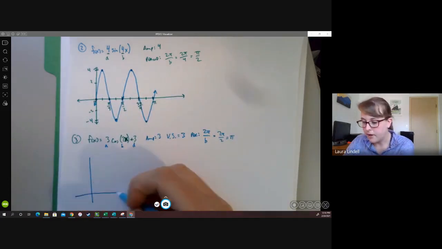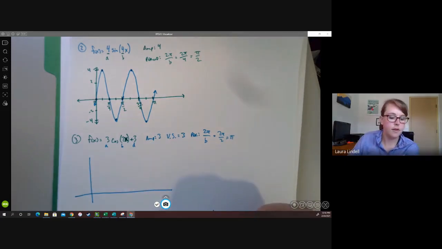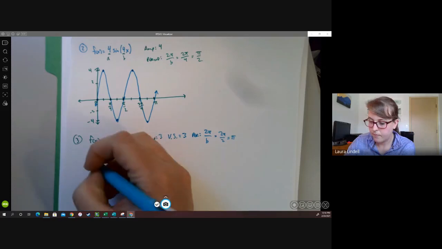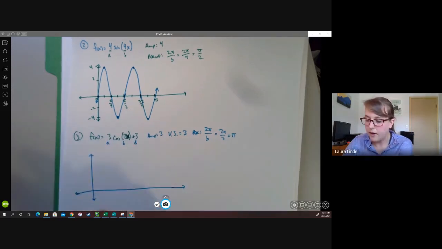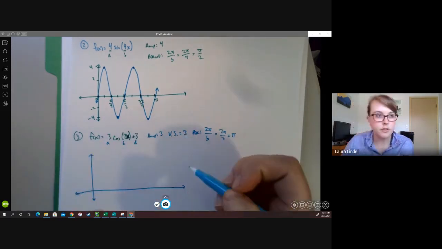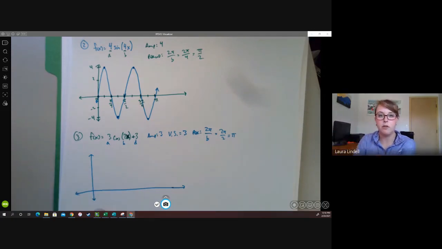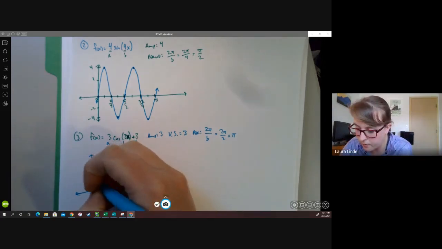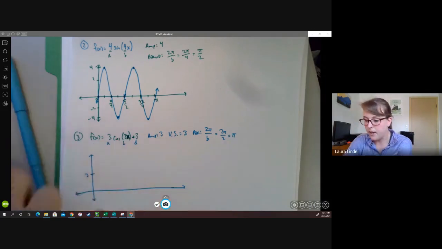I'm going to make this line a little bit lower. And we know that if our vertical shift is 3, that's where our midline is going to be located. So if you're drawing something that has a midline that's not the x-axis, that's the first thing I would do, is go up 3 and draw a midline on the graph.